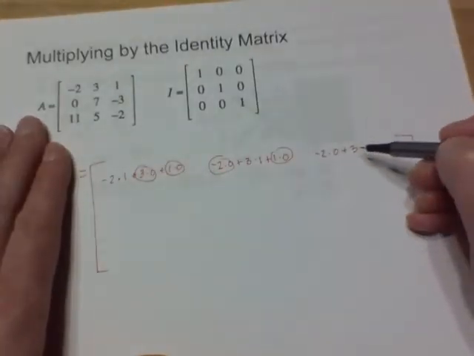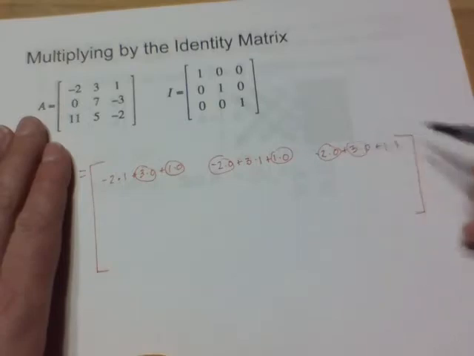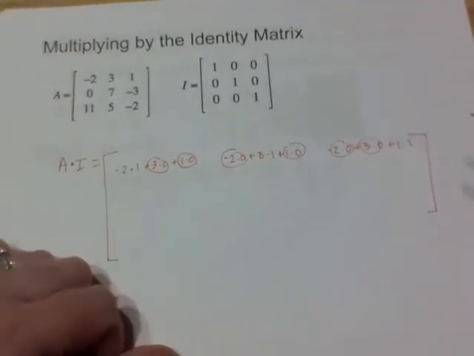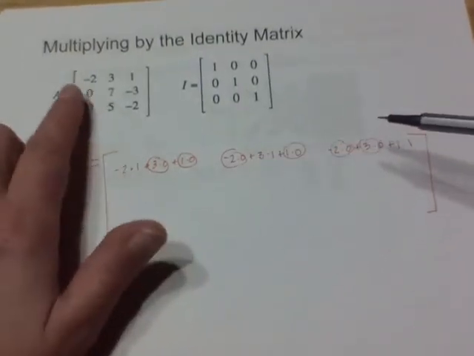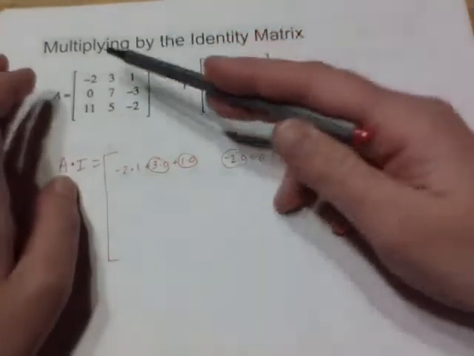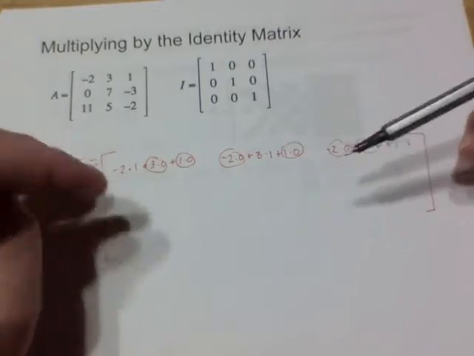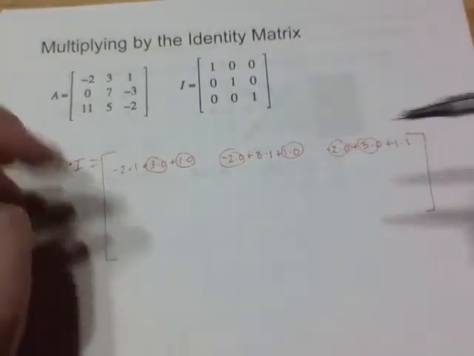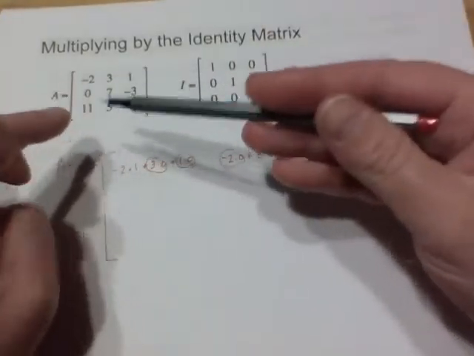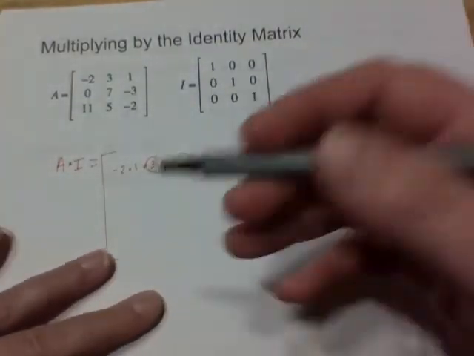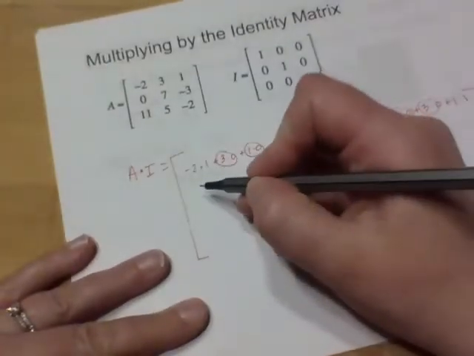And then again, this one is 0, this one is 0, and so you end up with the last term. So hopefully you can see that you end up with that same row again. And when you multiply by your identity matrix, you're multiplying by basically 1. And so in that case, you're going to get back to this A matrix anyway. But of course, we will do the steps to double check.